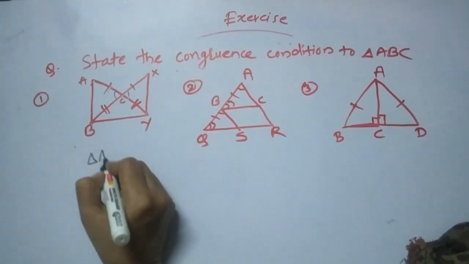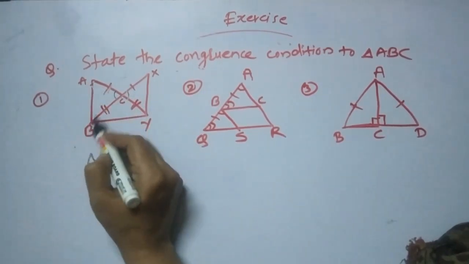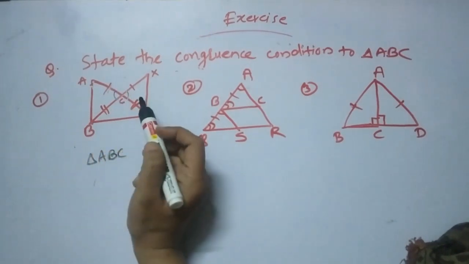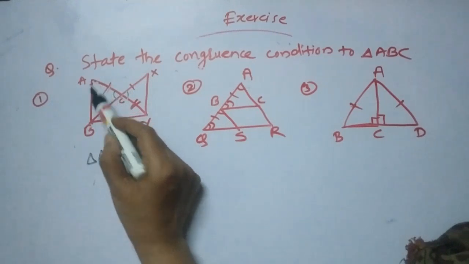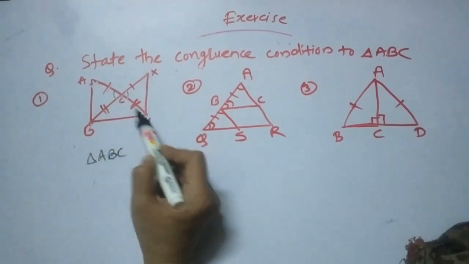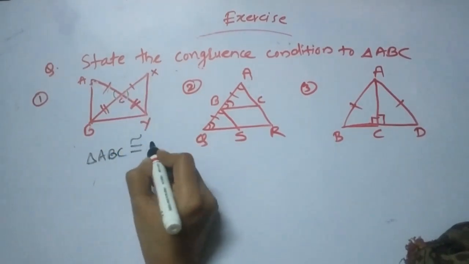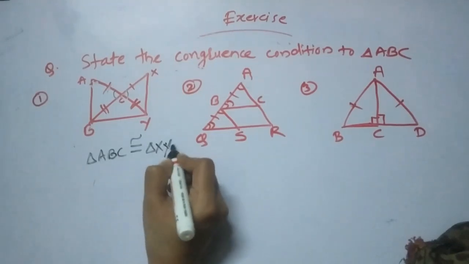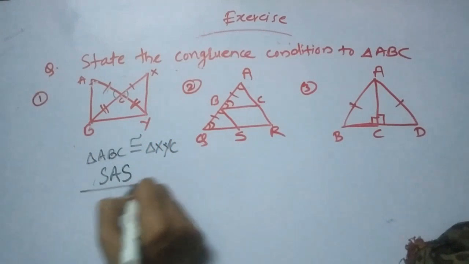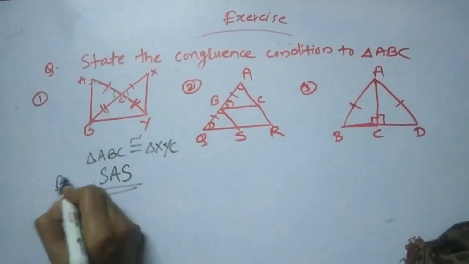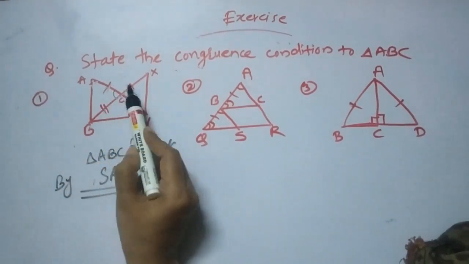So I can write here triangle ABC is congruent to triangle XYC. If I am reading it like this way, ABC, I have to read it XYC. Why? Because of the side angle side congruence test, SAS.